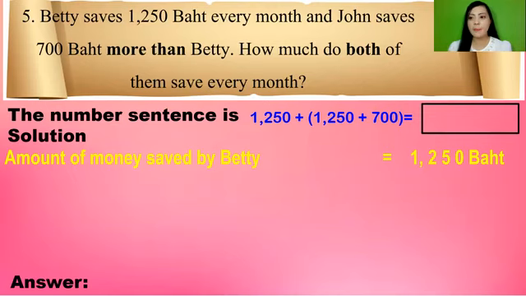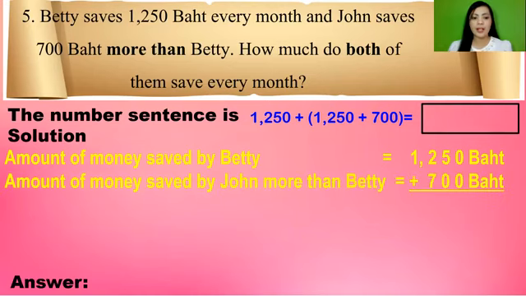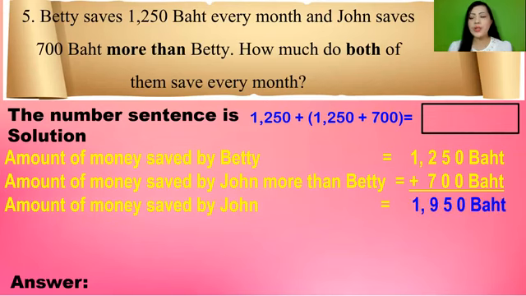Amount of money saved by Betty equal to 1,250 baht. Okay, amount of money saved by John more than Betty equal to 700 baht. Okay, we need to plus that one. So 0 plus 0 equal to 0, 5 plus 0 equal to 5, 2 plus 7 equal to 9, and the answer is 1,950. So the amount of money saved by John, there you have it.